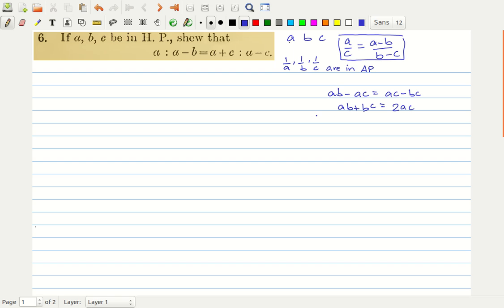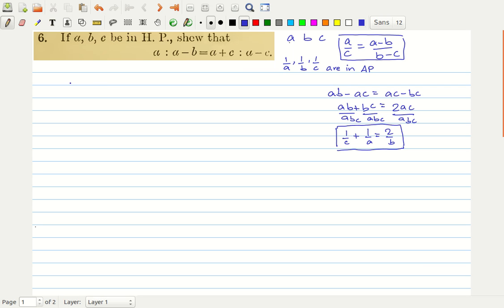If you divide this entire equation by ABC, you get 1 by C plus 1 by A is equal to 2 by B. So it means that 1 by A, 1 by B and 1 by C are in arithmetic progression. So these two definitions are equivalent, right?